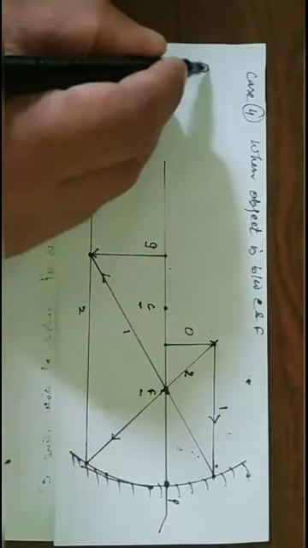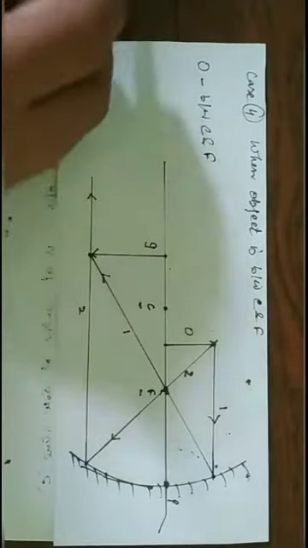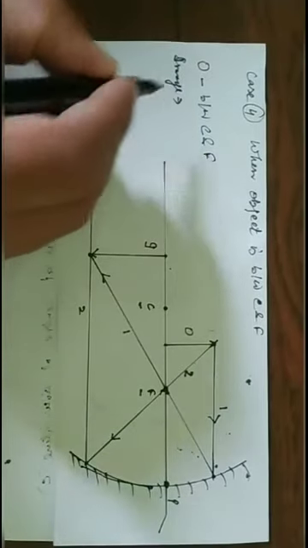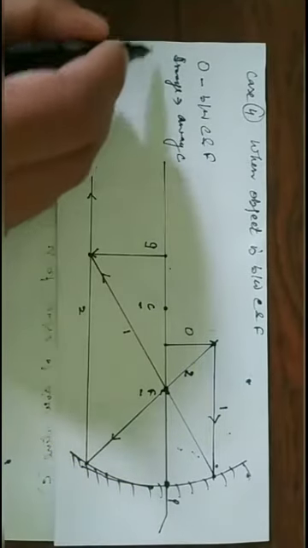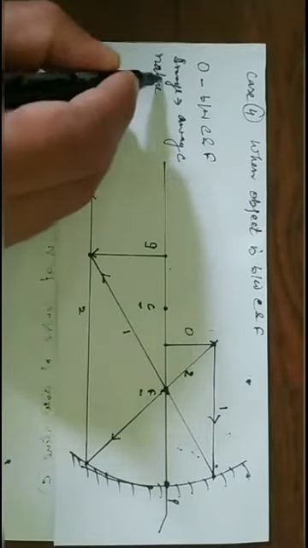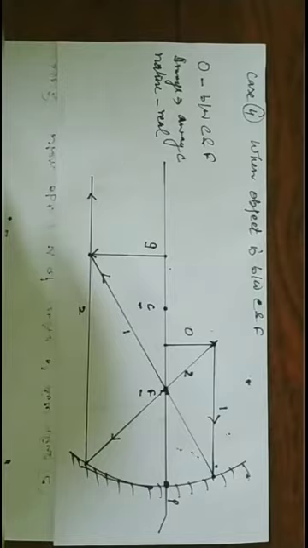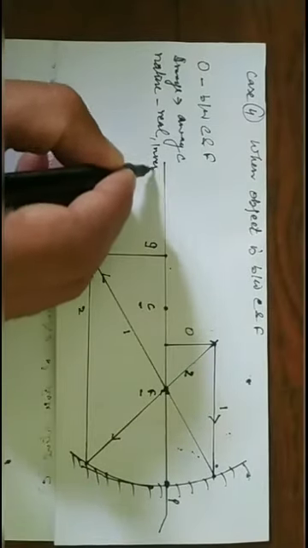So you can see right here, when your object is between center and focus, your image, first, is away from center. What is the nature? The nature of the image is real, because after reflection the rays are actually meeting at this point, so that is why it is a real image, and a real image is inverted.